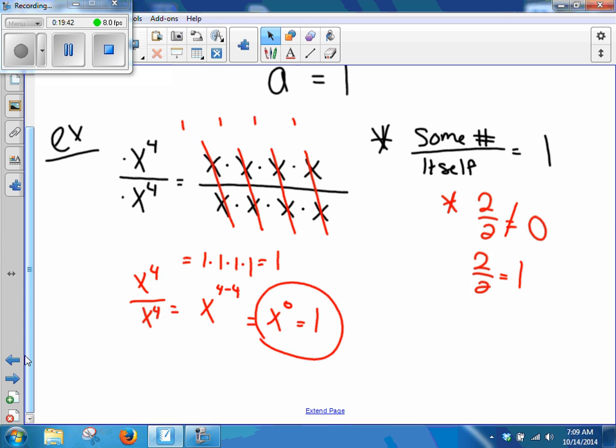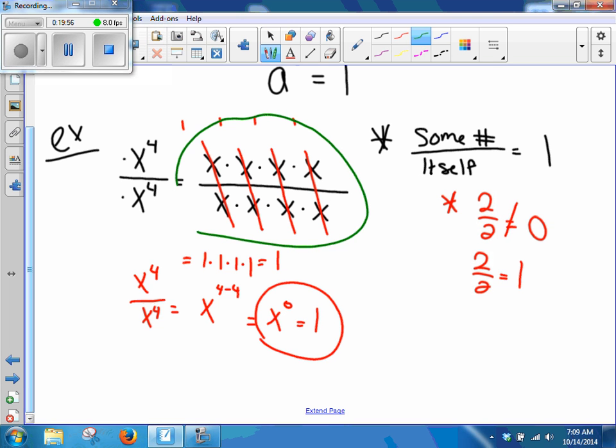Because truly what we have, yeah, it makes sense because we have the exponent on top minus the same exponent on bottom to give us 0. But if we truly write it out, the reason why this works is because we always have this happening. We have the same number on top and bottom, so it quote unquote cancels down to 1.